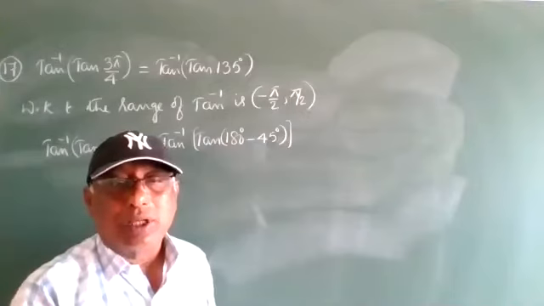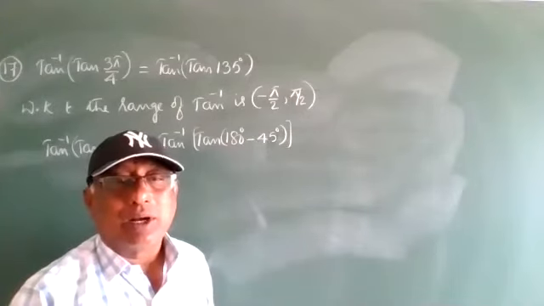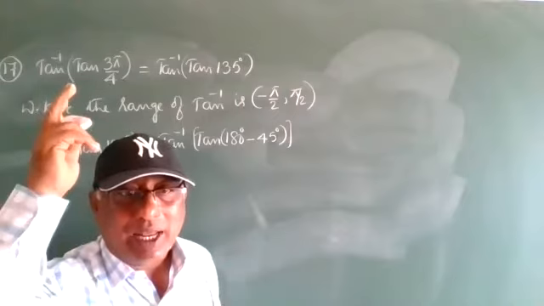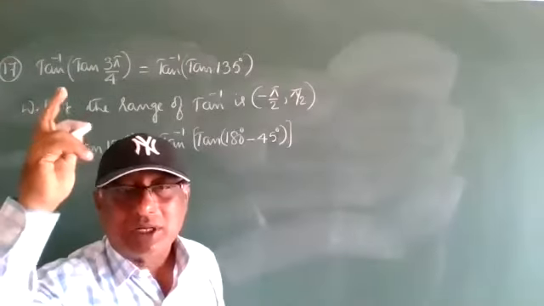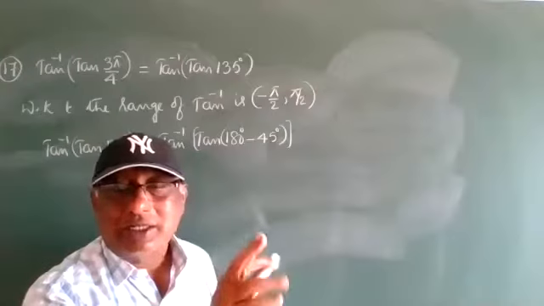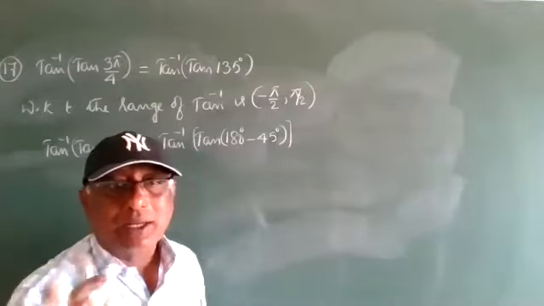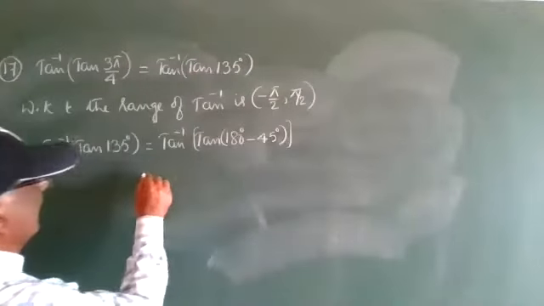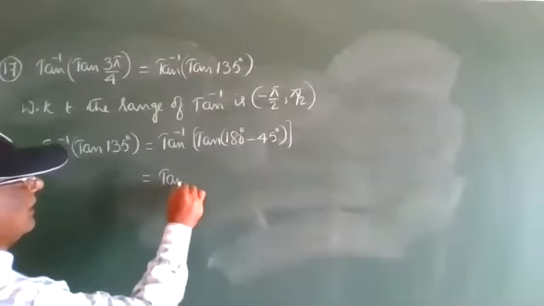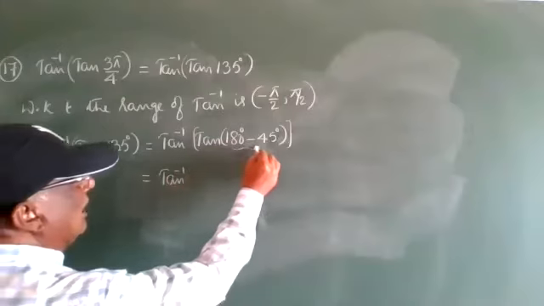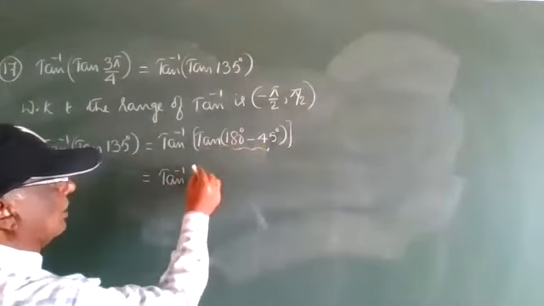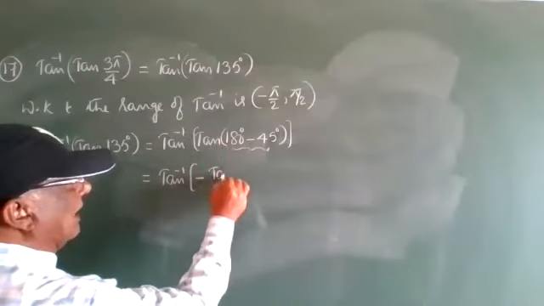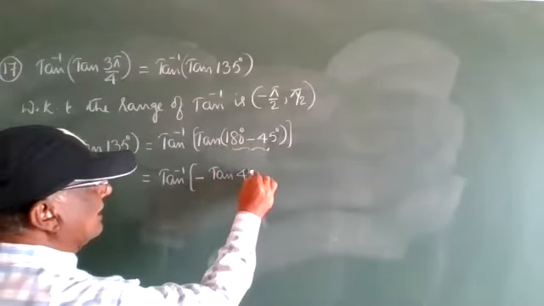But inverse trigonometry is defined in the first quadrant and second quadrant only, not in the third and fourth quadrant. So in the second quadrant, only sine is positive, tan is negative. 180 keeps the same name, tan of 45 degrees.